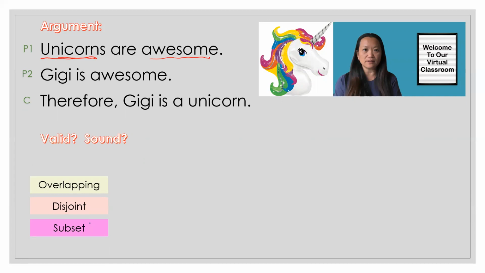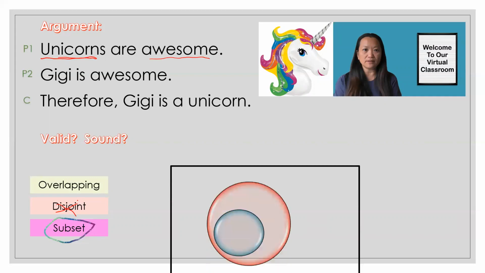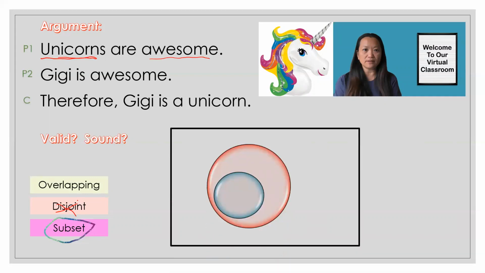Do they mean some unicorns are awesome? Do they mean all unicorns are awesome? They obviously don't mean no unicorns are awesome. So disjoint is not even a choice here, right? But in this case, when we say unicorns are awesome, we mean all unicorns are awesome. So it is a subset.